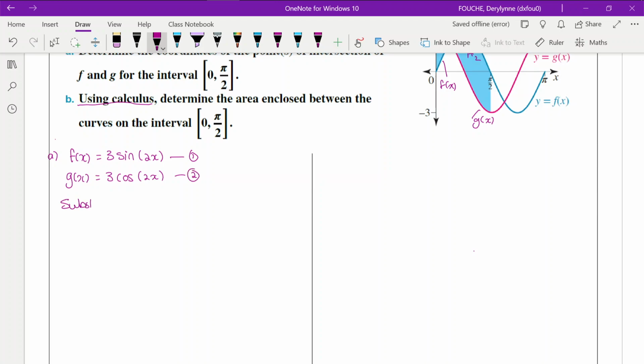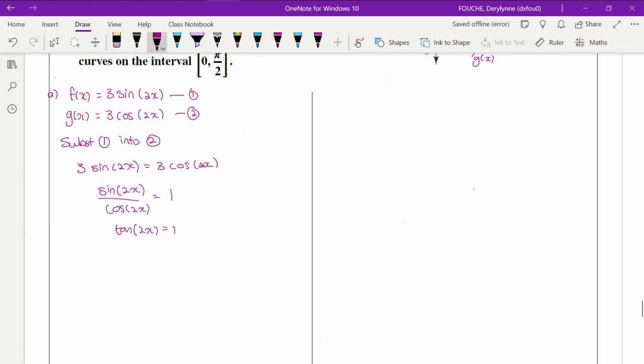We're going to substitute 1 into 2, and we have that 3 sine of 2x equals 3 cos of 2x. And using our knowledge of trig, it's probably easier to divide both sides by cos and divide both sides by 3, and that gives me 1. But sine over cos is tan, so tan of 2x is equal to 1.